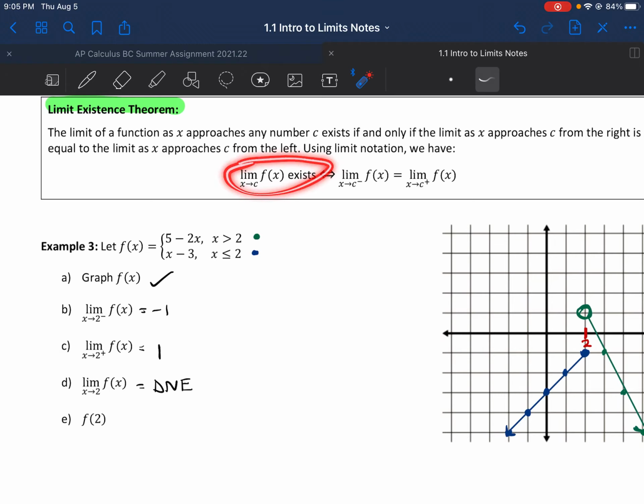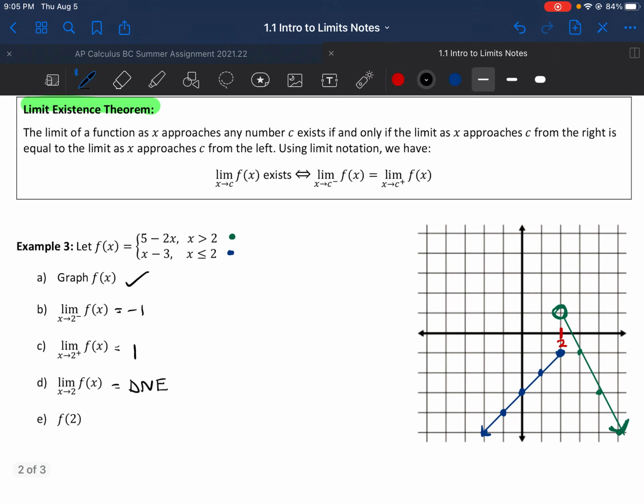A limit exists only if the left-side and right-side limits are equal to each other. The left-sided limit, as we approach 2 from the left, is -1. But as we approach 2 from the right, the limit is +1. So this limit does not exist because the limit as x approaches 2 from the left of f of x does not equal the limit as x approaches 2 from the right of f of x.